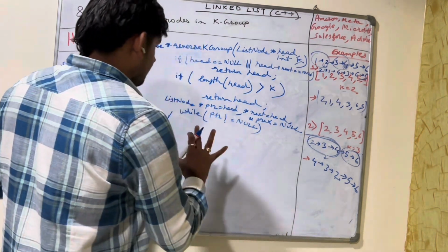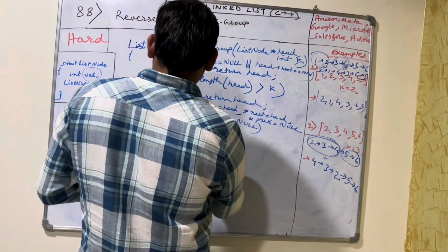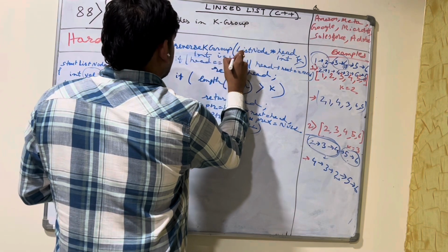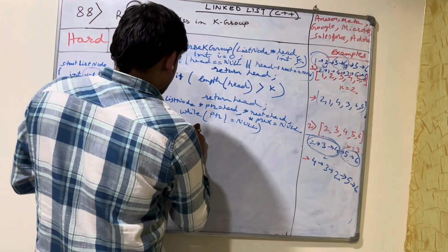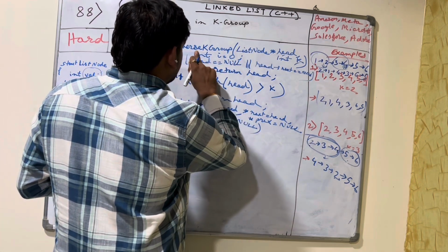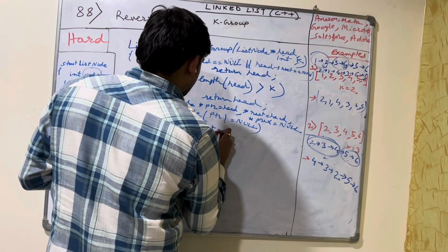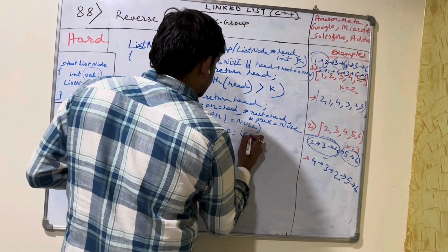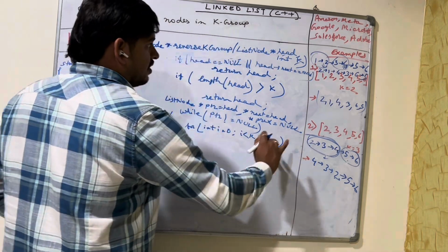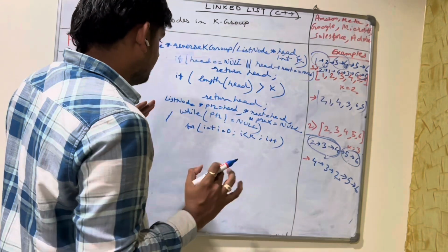But we also have to have a condition. Let's take it here: int i is equal to 0. You don't need to write it outside, we'll take it inside only: for int i is equal to 0, i less than k, i plus plus. Because our reversing has to stop when we have crossed k number of elements, right?